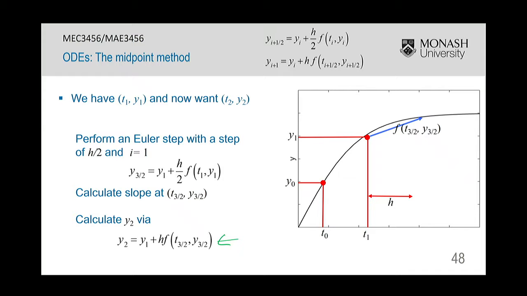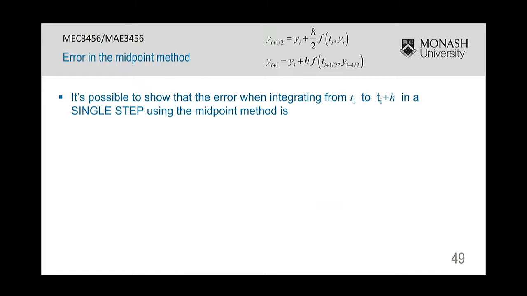So y_2 is equal to y_1 plus h times the function value evaluated at t_3 halves, y_3 halves. And so on we go for i equal to 2, 3, 4, etc. Again, this is easy to code up in MATLAB, you just put this inside a loop. Typically it would be for i goes from 0 to the number of steps that we want to take.